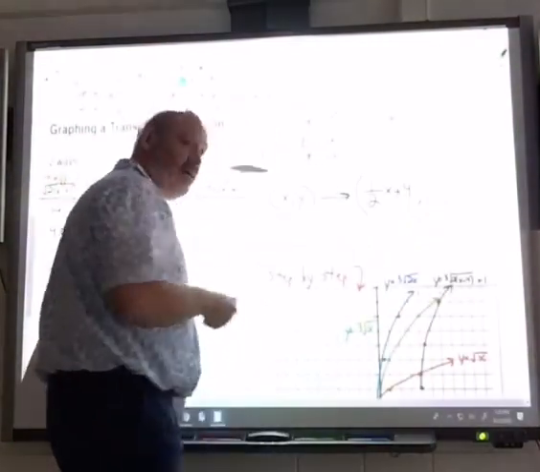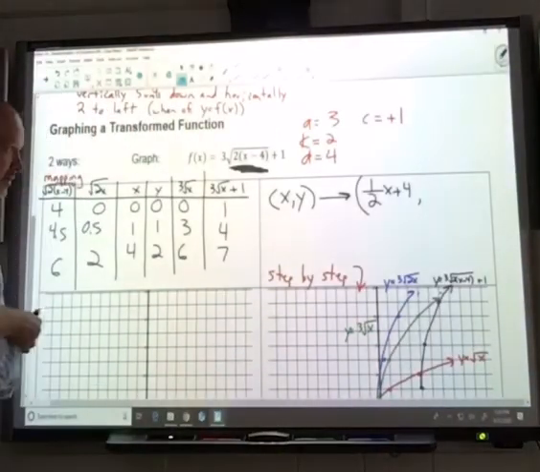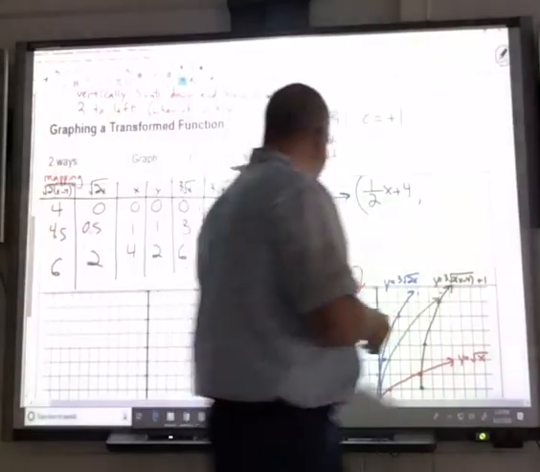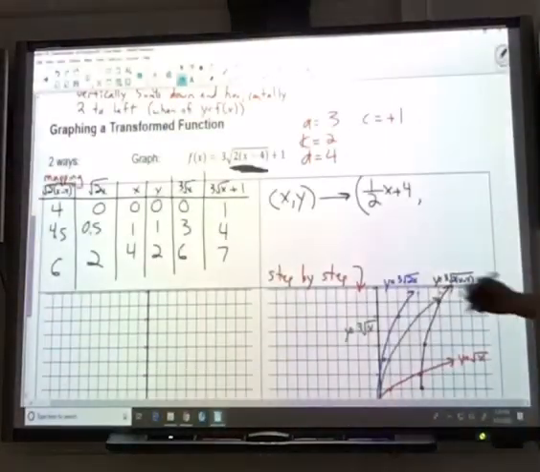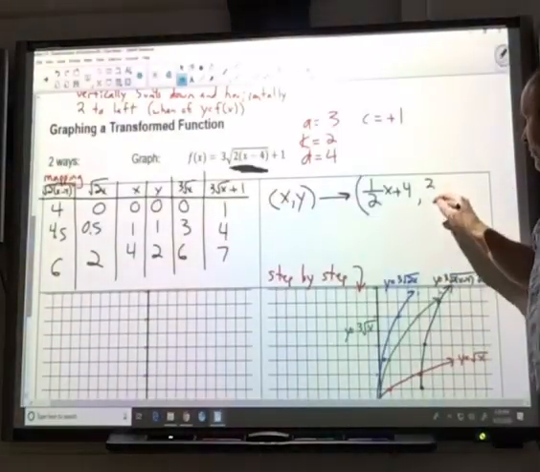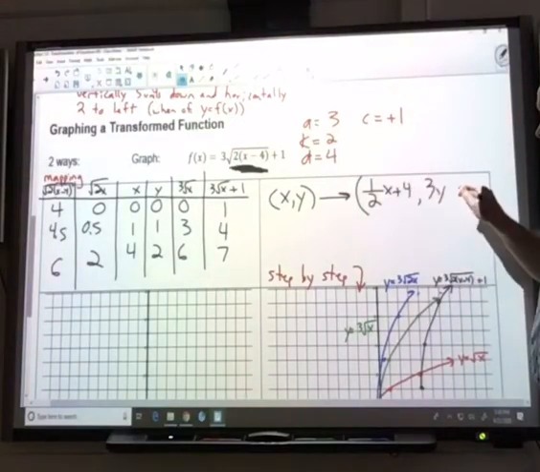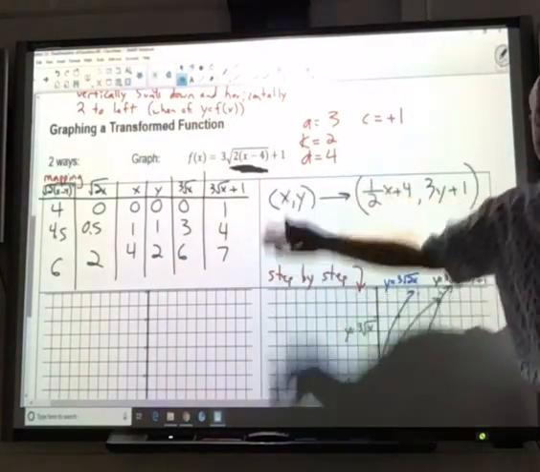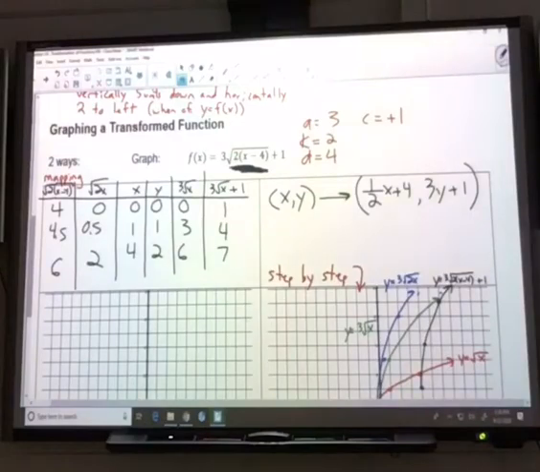And I have a comma there that separates the x coordinate from the y coordinate. And then for the y, what I do is I multiply it by 3, so I go 3y, and then I add 1. And that's in essence what I did by doing these 2 different steps.